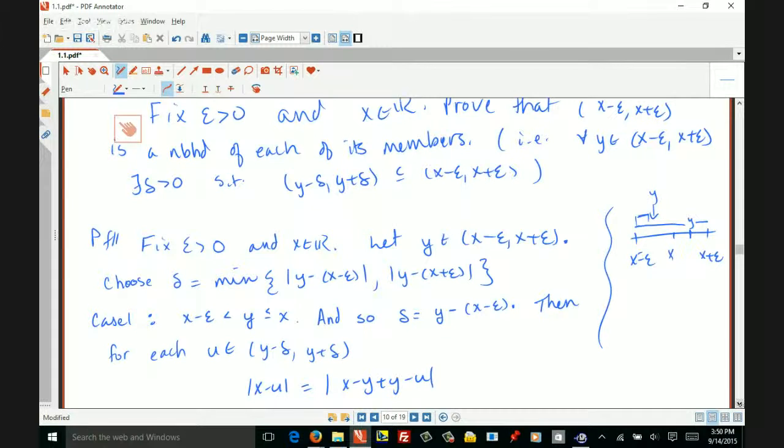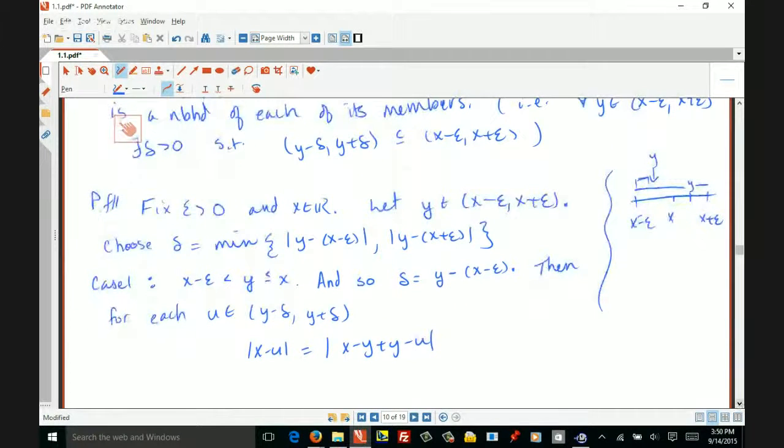This is adding and subtracting the same amount. It hasn't changed anything. Are we good with that? Okay, triangle inequality. Triangle inequality allows me to split them up.